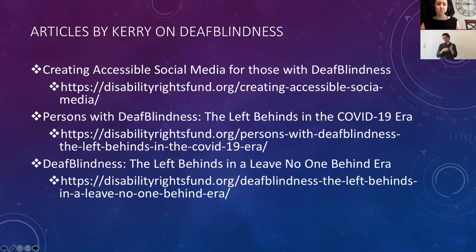The other 2 articles: one is Persons with Deafblindness, the Left Behind Era, and a Leave No One Behind Era, pardon me. This is an article I wrote a couple of years ago about how to include people who are deafblind. The other article is about how to include people who are deafblind during the COVID era.